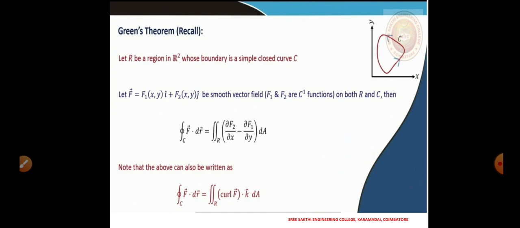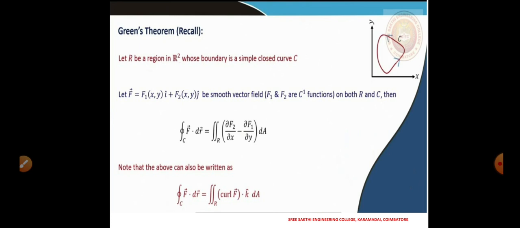We know the result here, that a curve integral can be written as this area integral, and now the difference is that instead of the difference of two partial derivatives, we can also write it as the double integral of curl f vector dot k vector dA.